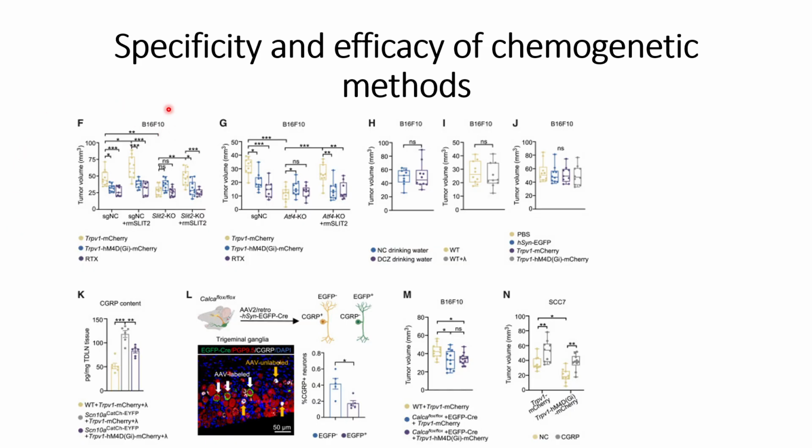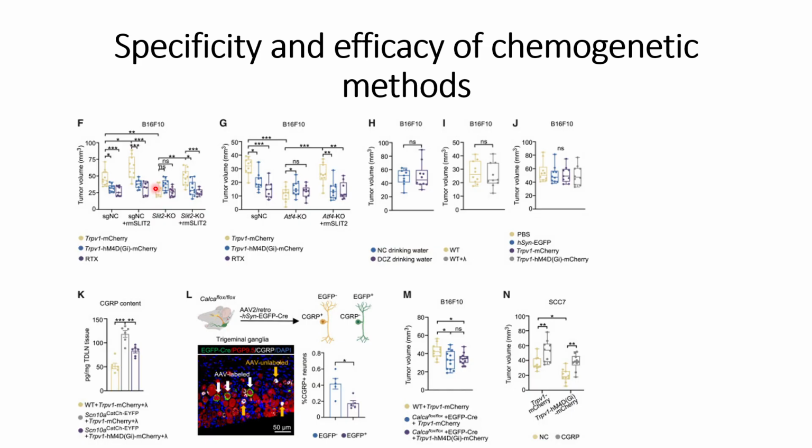So in panel F, they tested these methods in the absence of Slit, using Slit knockout B16F10 cells. What they found is that in the normal case, they are able to see tumor suppression for both methods, through the RTX and through the HM4DGI. We can see that. However, when Slit2 has been knocked out, they are not able to see changes compared to the control.